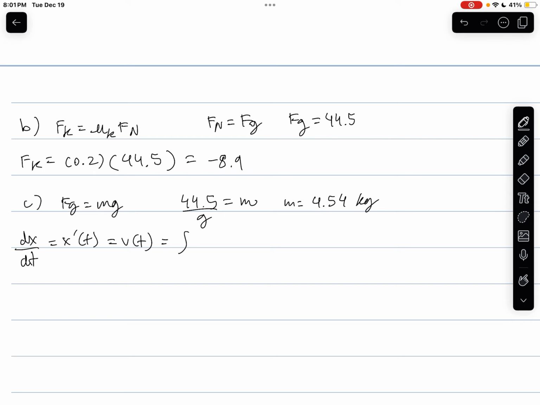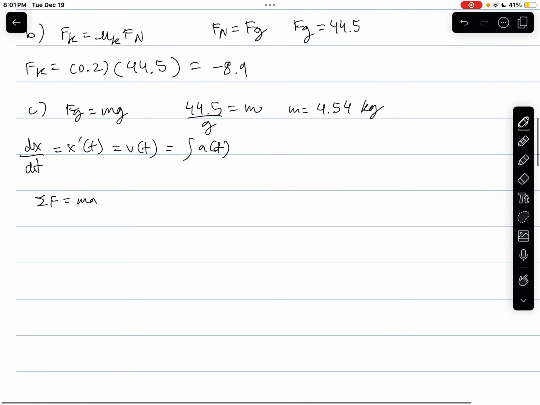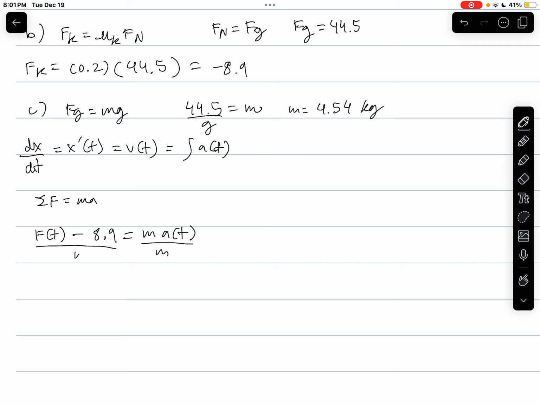And then for the velocity formula, I can do integration of a of t. And I know I can use this because of the forces acting on it. Net force equals ma, right? In this case, all the forces acting on it are F of t, which changes, and then there's Fk, which does not change, and then there's m, and then a that changes, so there's t right there. So then to get a of t, I'm going to divide both sides by m.